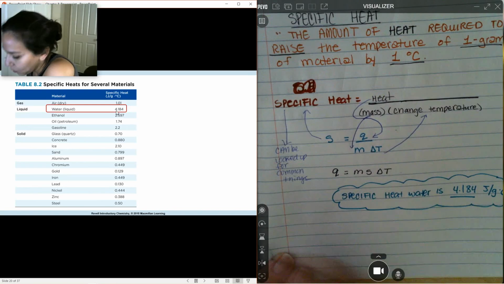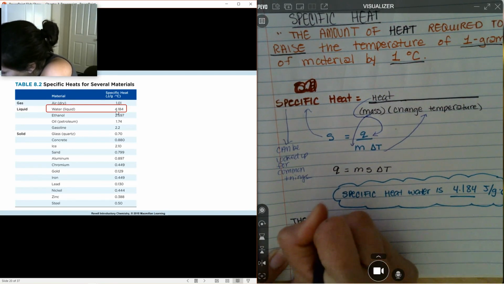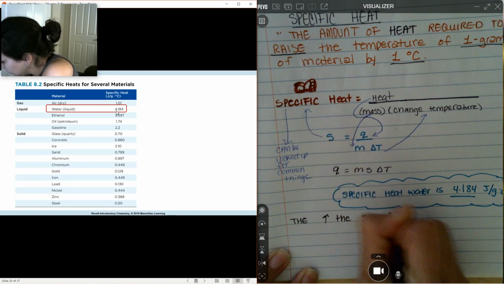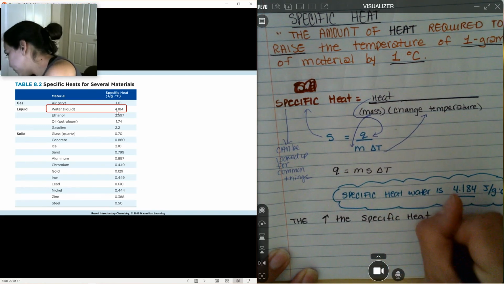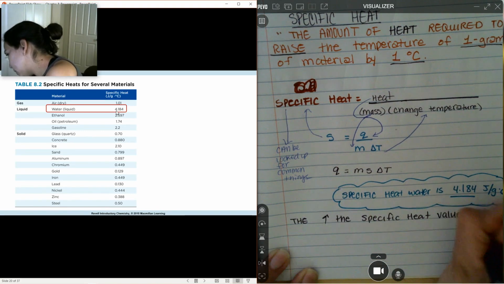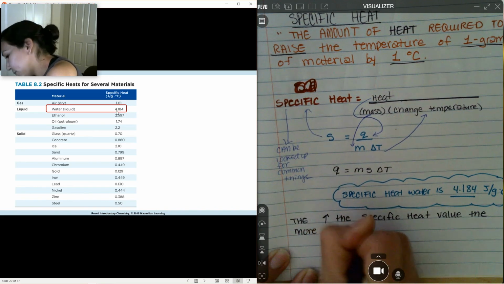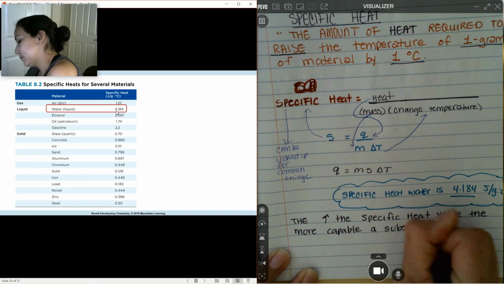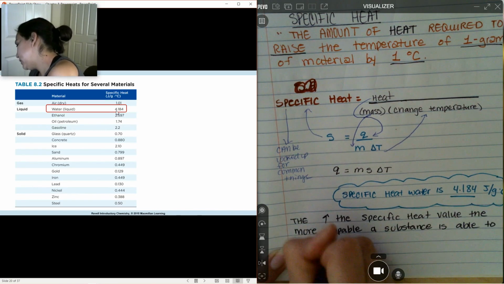So the higher the specific heat value, the more capable a substance is to retain heat.